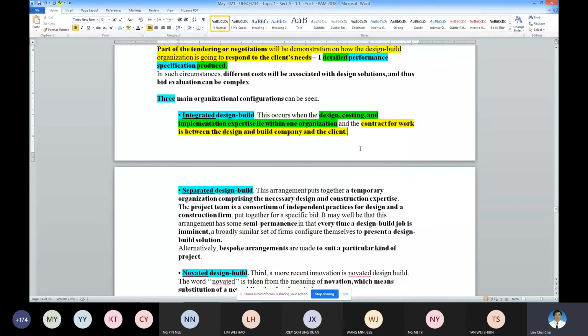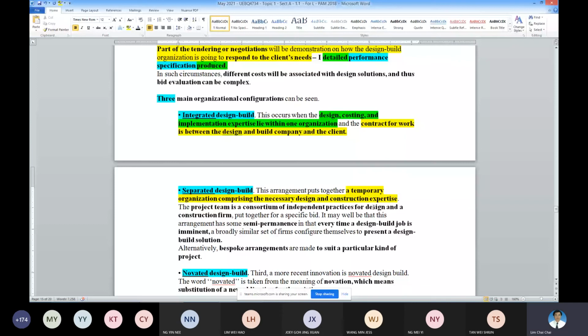The second one is separate design and build. What does it mean? A temporary organization with necessary design and construction expertise will be involved. So the design is done by one party and then passed to the contractor to do the construction. But the design team is under the contractor. This is separate design because the design is not done by the contractor, it's by another so-called design team, but they are linked with the contractor.